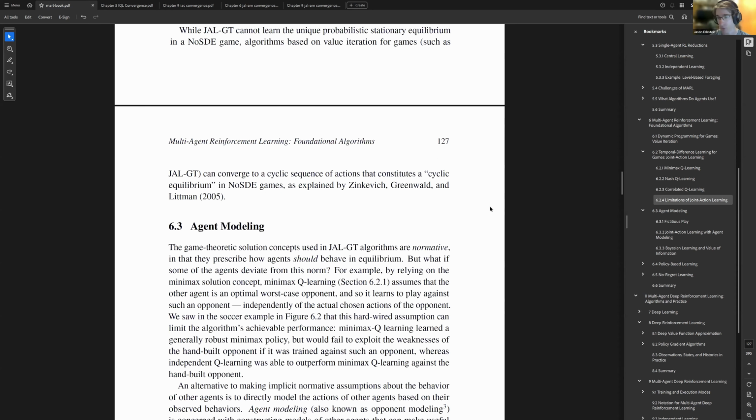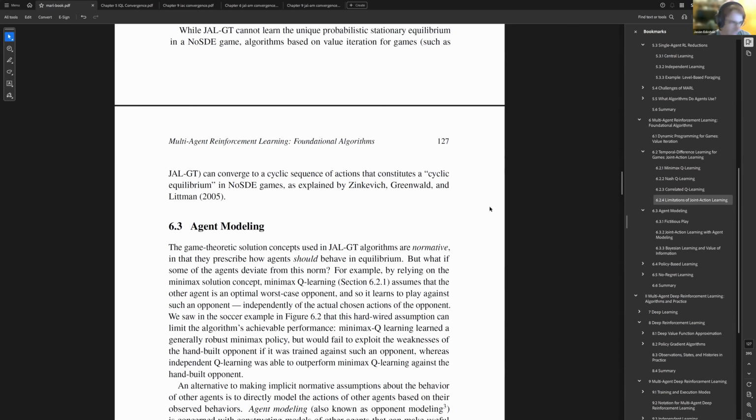In contrast, if you do full joint action learning, where you're looking at the whole picture between both agents, then that can converge, and it can learn this sort of joint action matrix. The reason those failure cases fail is that there's no information sharing between the agents, and each agent is only using its own action value function.